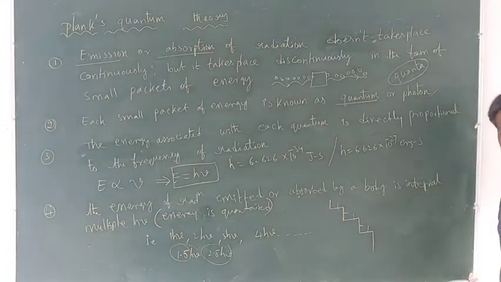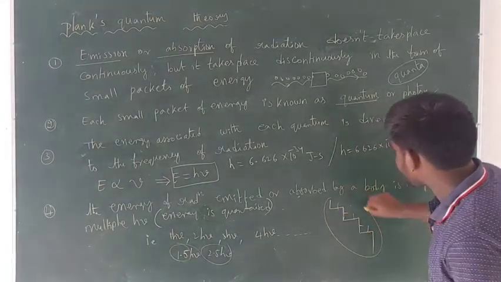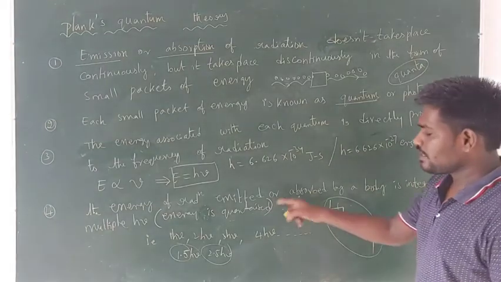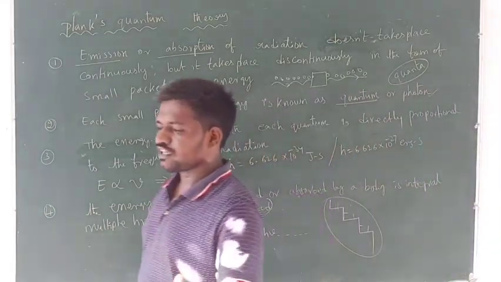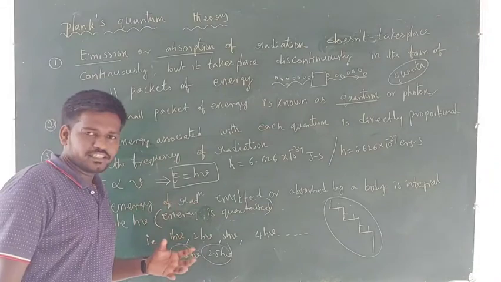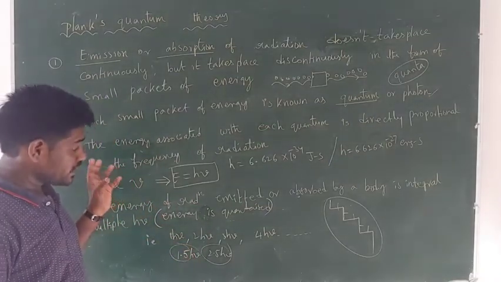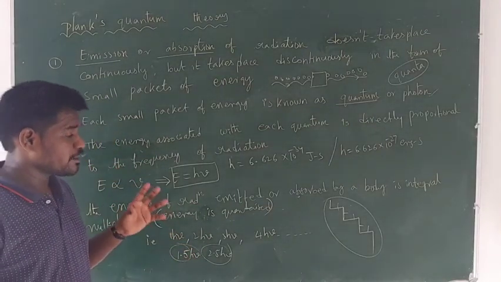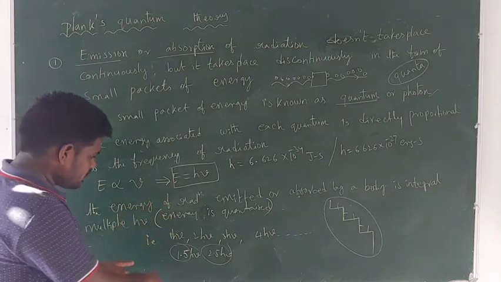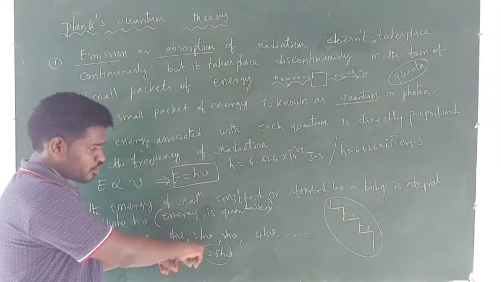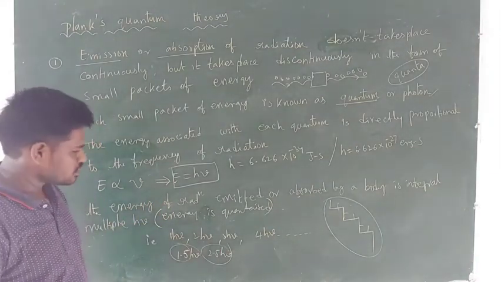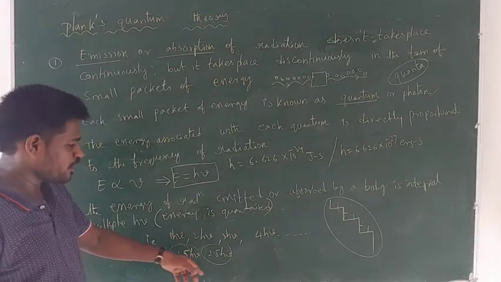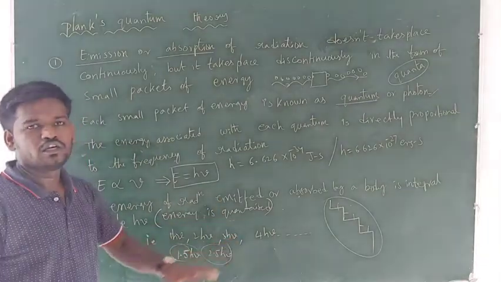You can say that these steps are quantized. Similarly here also, during emission or absorption of radiation, the energy of radiation emitted or absorbed by a body takes place as 1 h nu or 2 h nu or 3 h nu. It does not come as 1.5, 2.5, 2.3 h nu, like that.